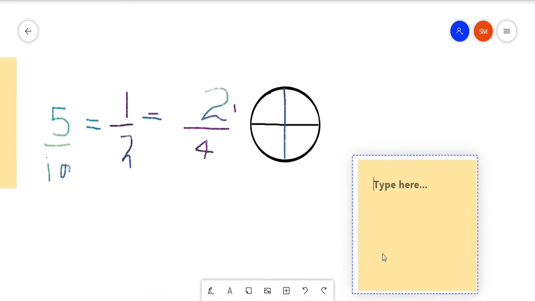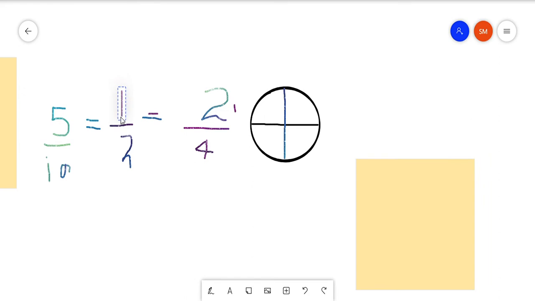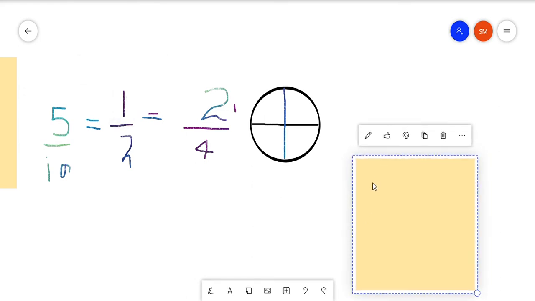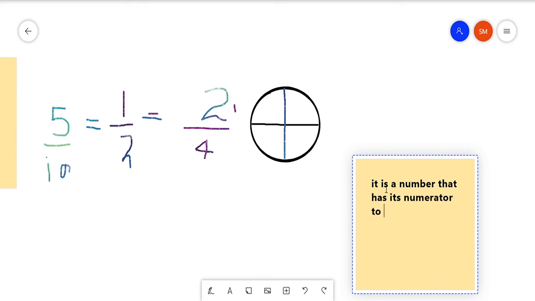A unit fraction is a fraction where the numerator is 1. Okay.